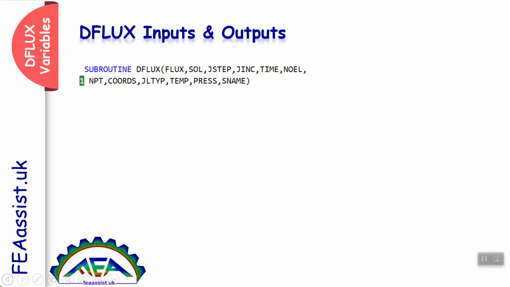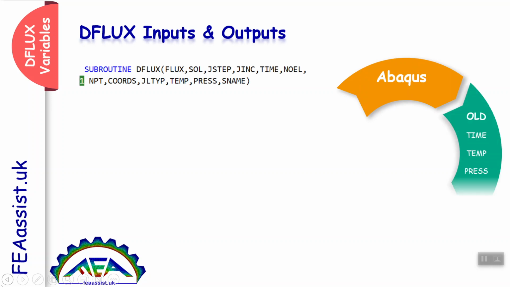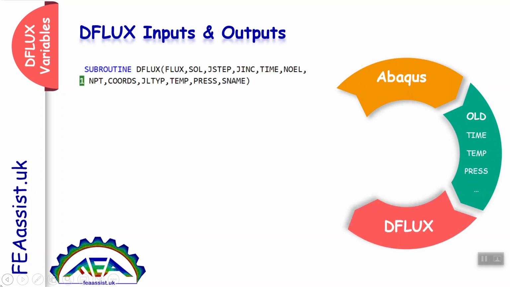DFLUX variables. DFLUX has some inputs. We need those inputs, process them, and export those processed inputs as an output into Abaqus. In other words, Abaqus computes time, temperature, pressure, and other variables. We need to get these variables, write our fluxes, flux 1 and flux 2, and return them back to Abaqus.